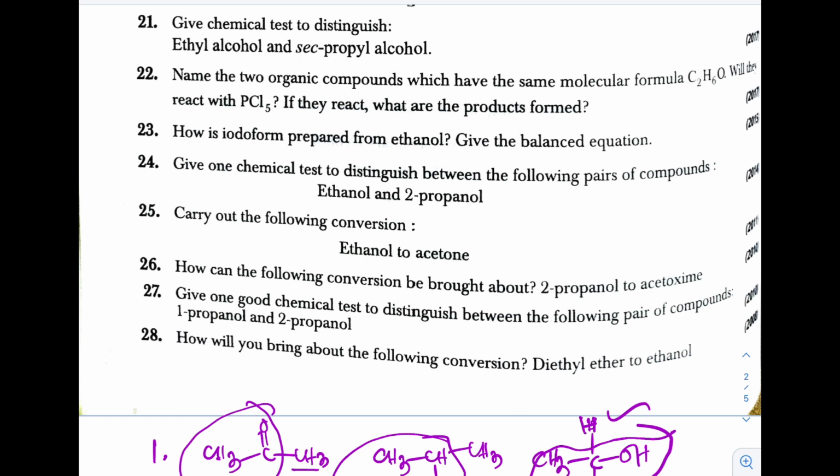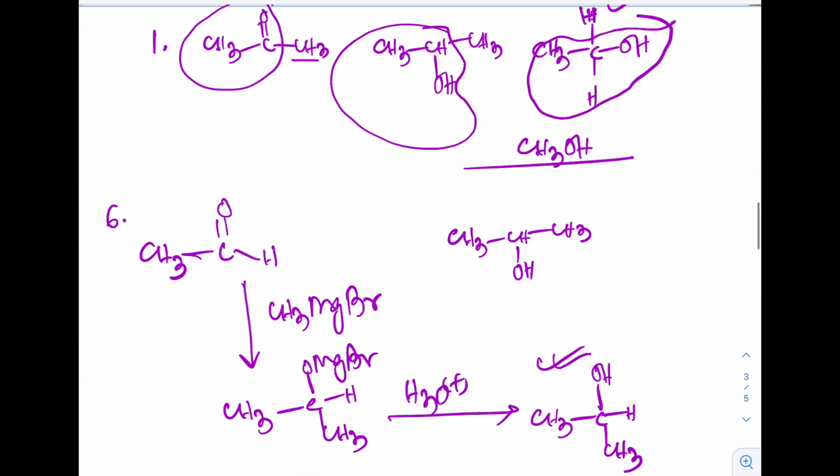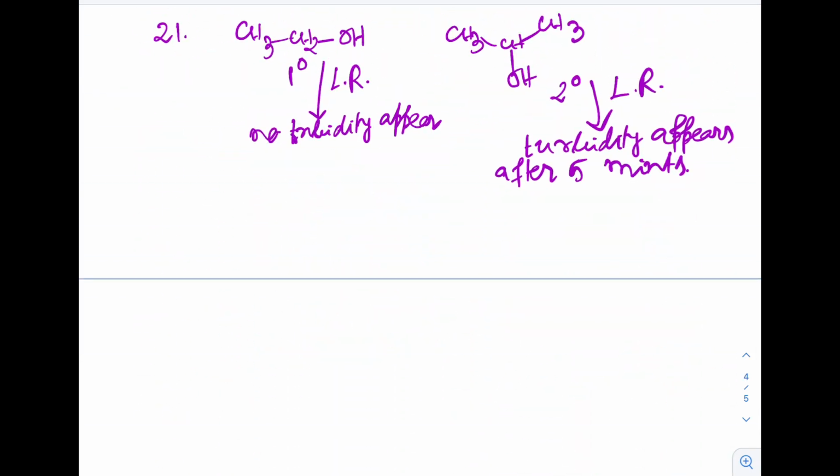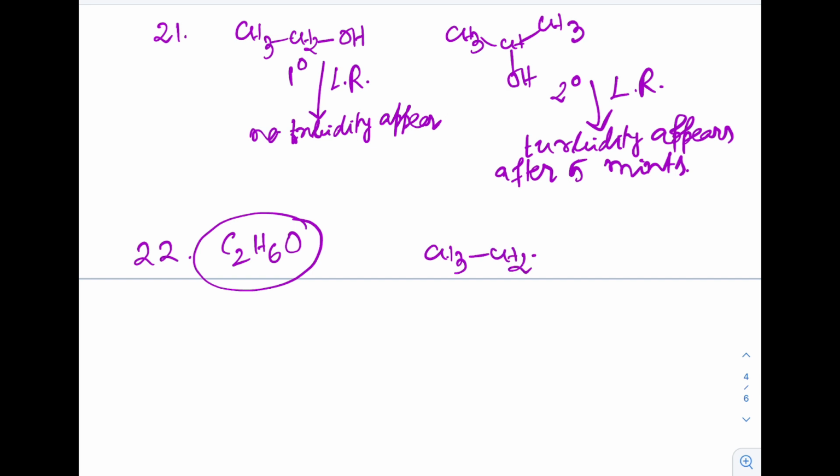Next, we'll move to question 22. Name the 2 organic compounds which have the same molecular formula C2H6O. Will they react with PCl5? Name the products formed. C2H6O, 2 compounds. Yes, we can get 2 functional group isomers. One is an alcohol, another is an ether.